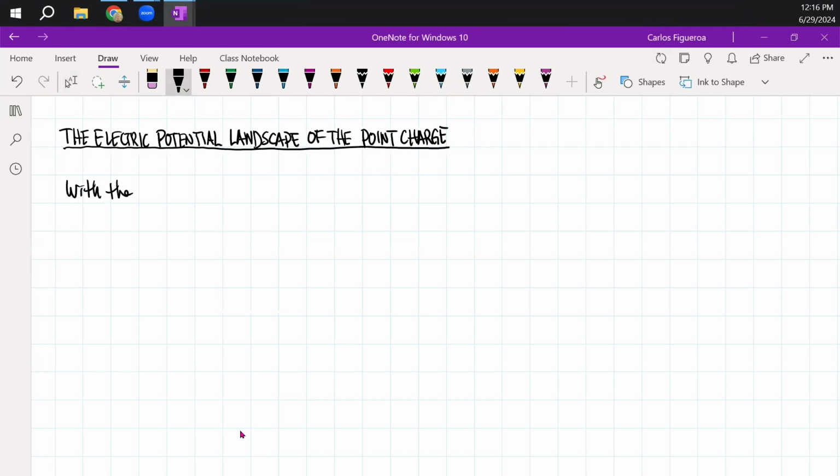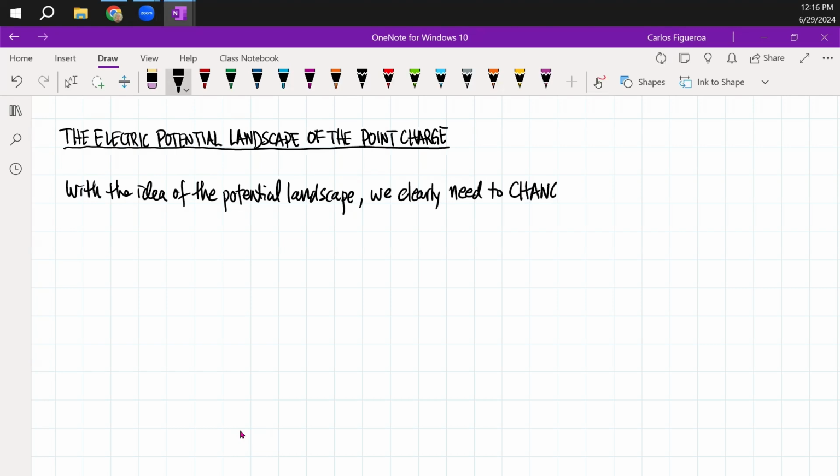With the idea of the potential landscape, we clearly need to change our thinking. Now we apply this to the point charge.